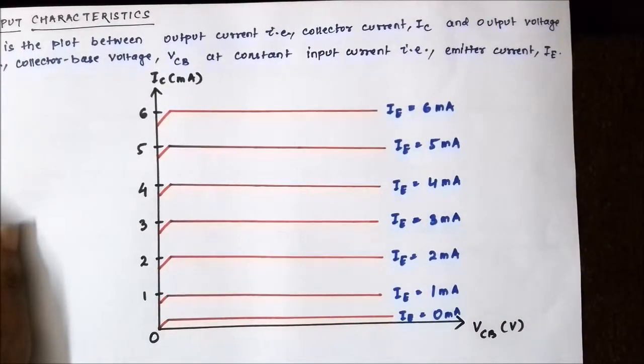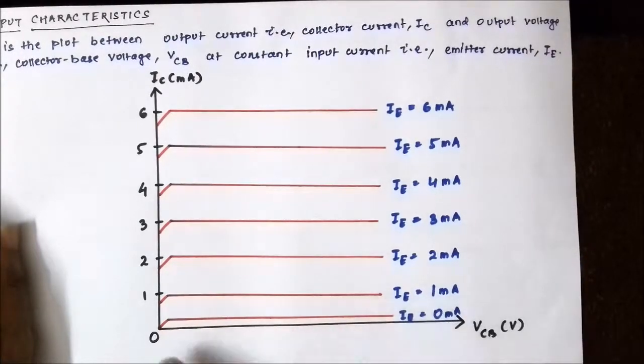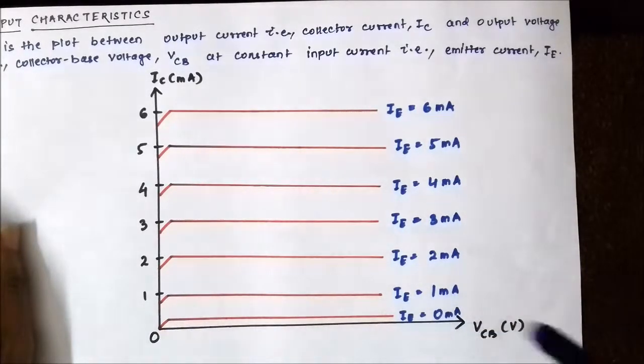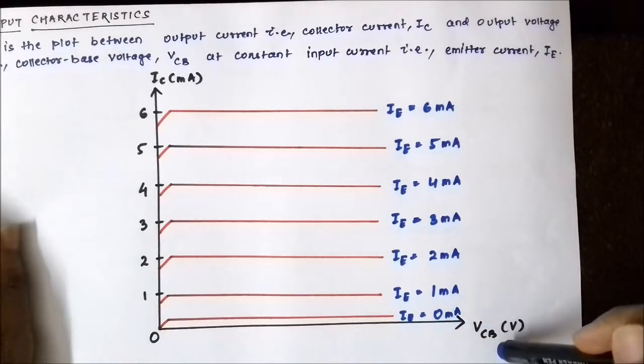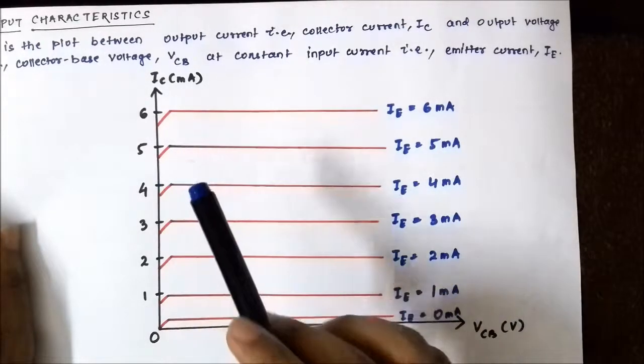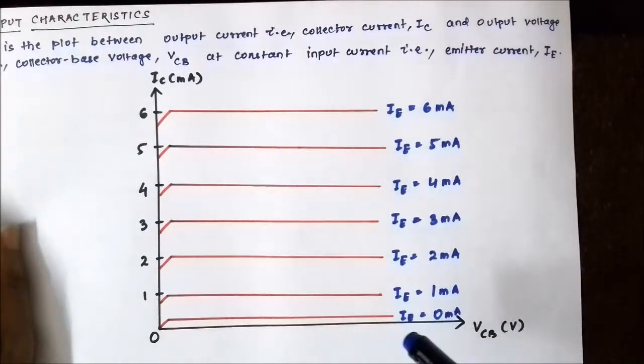So here the key points are that the collector current shows slight variation with respect to collector to base voltage up to a certain value, which is normally less than or equal to 1 volt. Beyond that value of collector to base voltage, the collector current becomes independent of collector to base voltage and acquires a constant value.